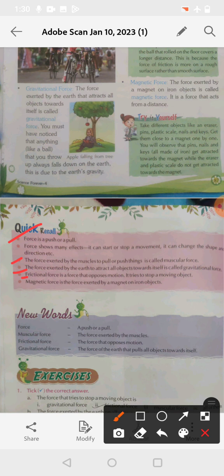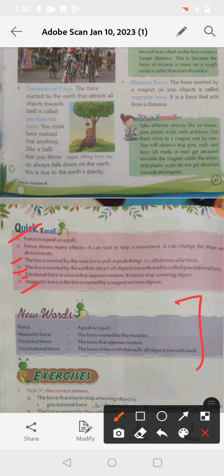Now, frictional force is a force that opposes motion. It tries to stop a moving object. And magnetic force is the force exerted by a magnet on iron objects. Right? This was all about the chapter, and I guess the chapter was quite easy.